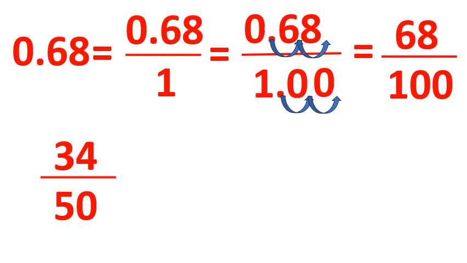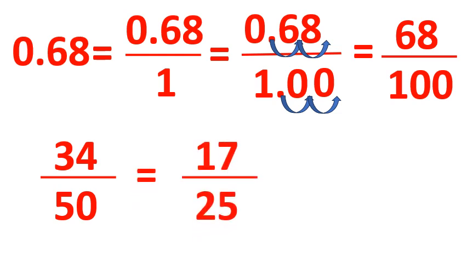So I'm going to divide the numerator and the denominator again by 2, and I'll rewrite that as 17 over 25. Now can I simplify that further? Nope, there's no number that can go into 17 and 25 that would allow me to simplify that. So 17 divided by 25, or 17 25ths, is the same as 0.68.